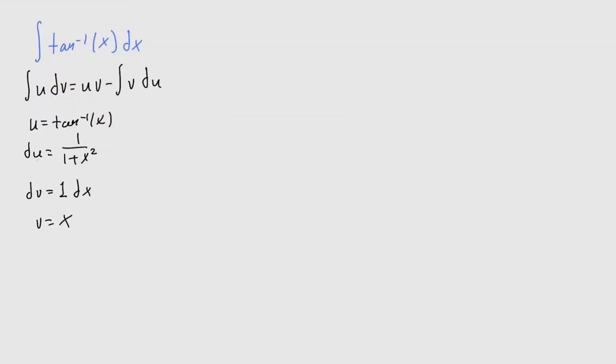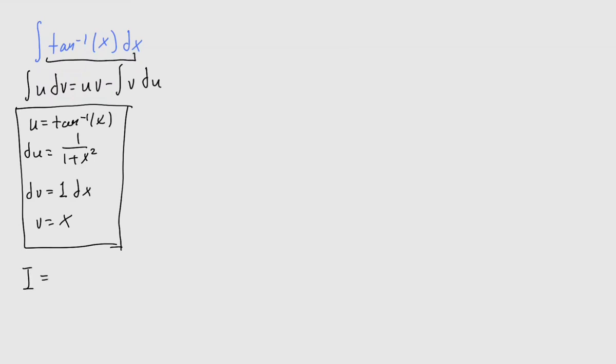So now we've got our u, du, dv, and v. We've got that figured out, so that's good. Now at this point, we can literally just start plugging in our stuff. I'm not going to write this whole thing out; I'm just going to write I to save some space, but the I represents the integral here. So we're going to plug in our u, which is the inverse tangent, and our v, which is equal to x.